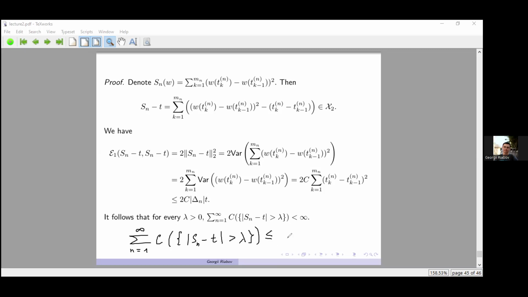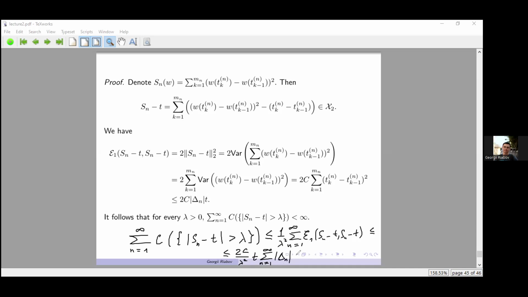We have an estimate that such capacity is not bigger than 1 over lambda squared times the E1 norm of S_n minus t, which we estimated as 2c over lambda squared times t times the sum of sizes of partitions delta_n.